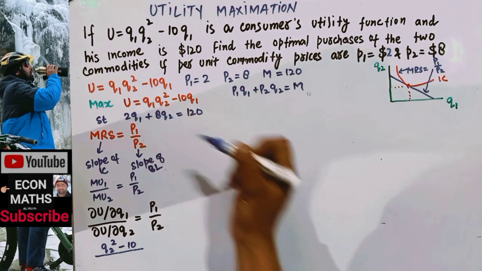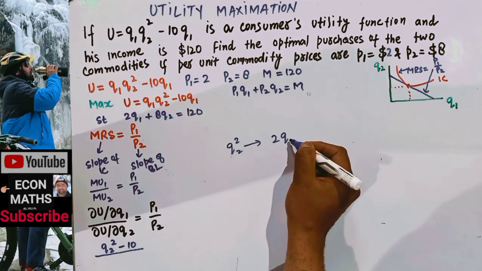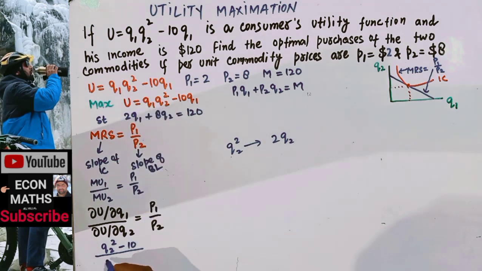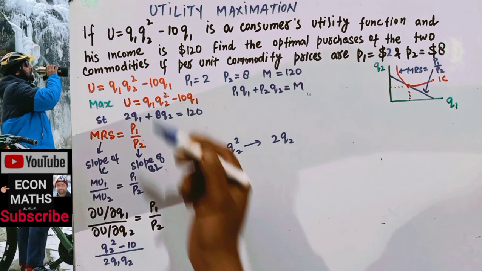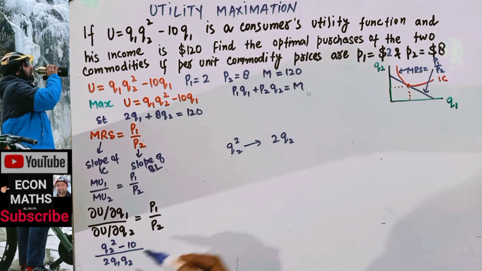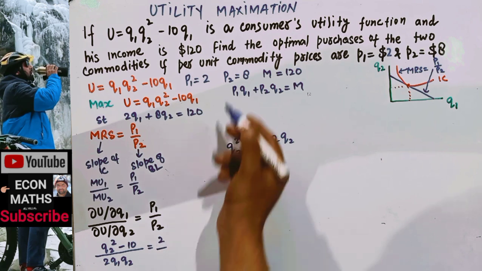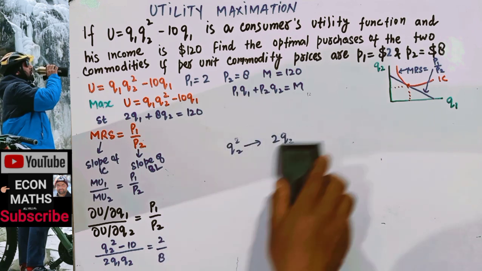We have Q2 square, its derivative will be 2Q2 by the power function rule, and we have Q1 also with this, so we get 2 Q1 Q2. The derivative of the second term will obviously be 0 because we are taking the partial derivative with respect to Q2. And it should be equal to the ratio of the prices: price of good 1 is 2, price of good 2 is 8. I hope I am making myself clear.